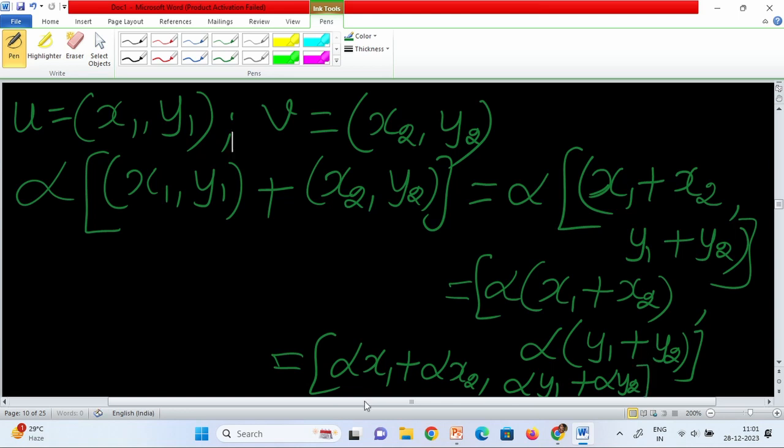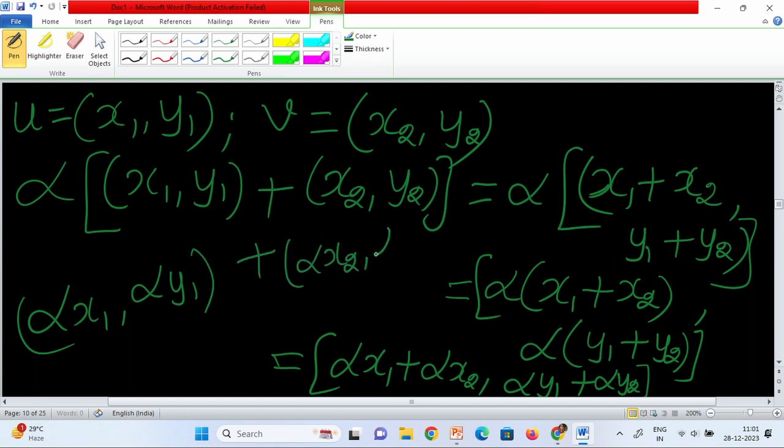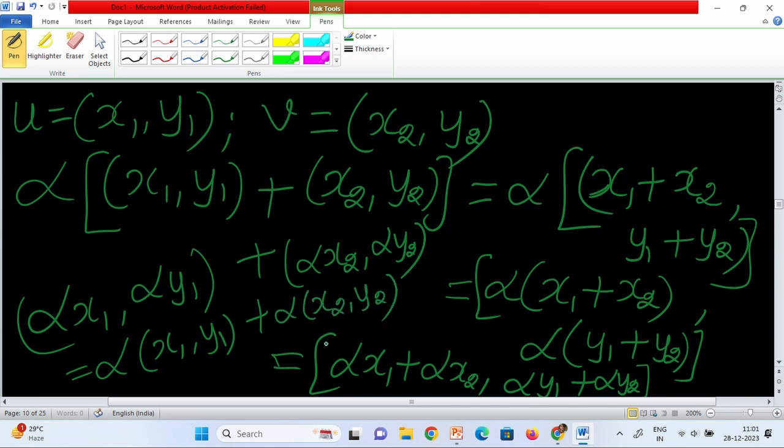Now we can make it an ordered pair sum, (alpha x1, alpha y1) plus (alpha x2, alpha y2). When we take alpha as common, alpha into (x1, y1) plus alpha into (x2, y2), which is obviously alpha u plus alpha v. So the first axiom is proved.